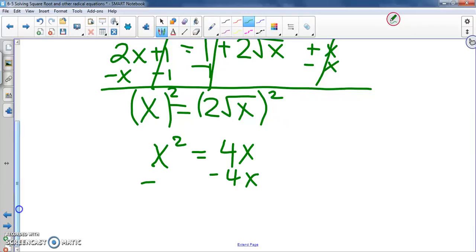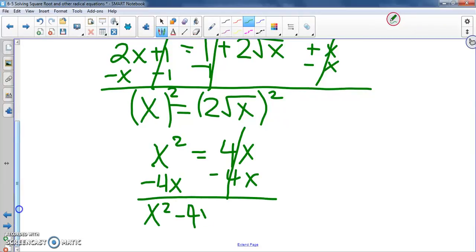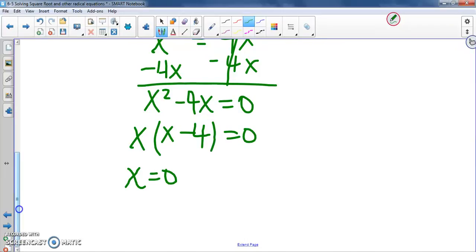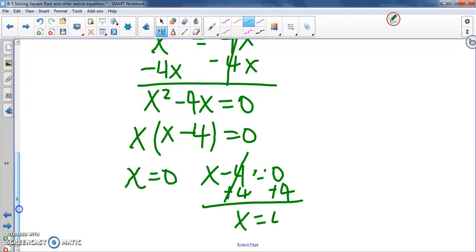Subtract 4x. x squared minus 4x is equal to 0. Factor out an x: x times x minus 4 equals 0. Set each factor equal to 0. So x equals 0, and x minus 4 equals 0. Add 4 to both sides. x is equal to 4.